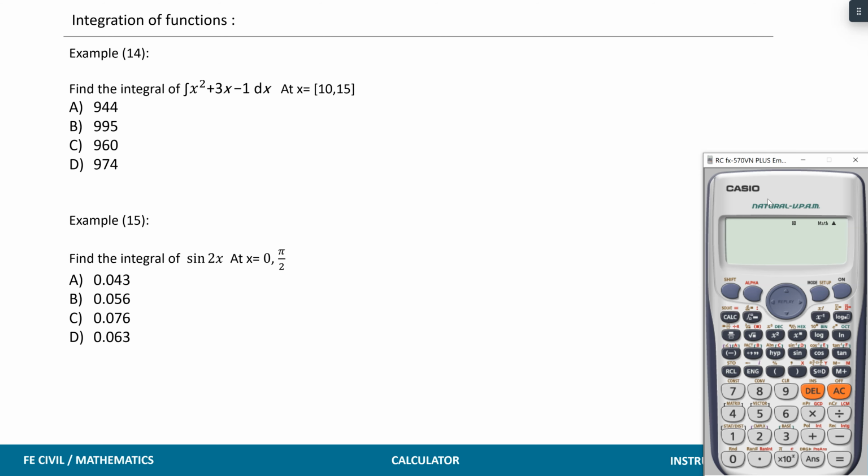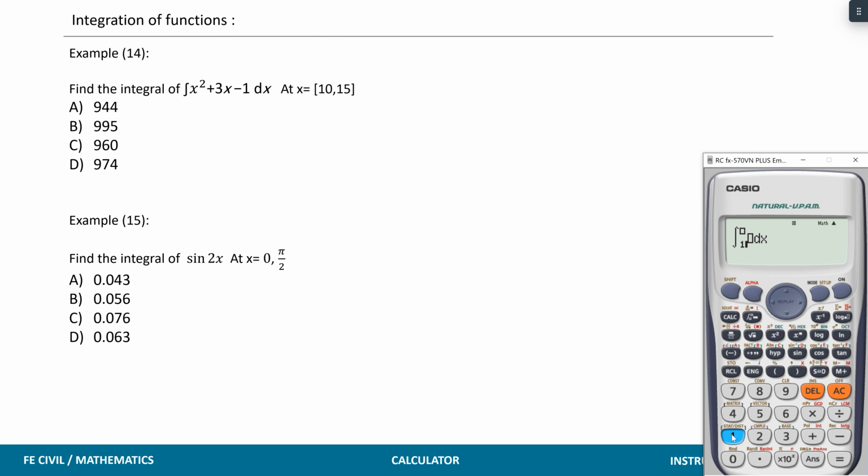The integration, the same way we solved the derivative, we're going to solve the integration with the calculator. You're going to see the sign here, the integration from 10 to 15.